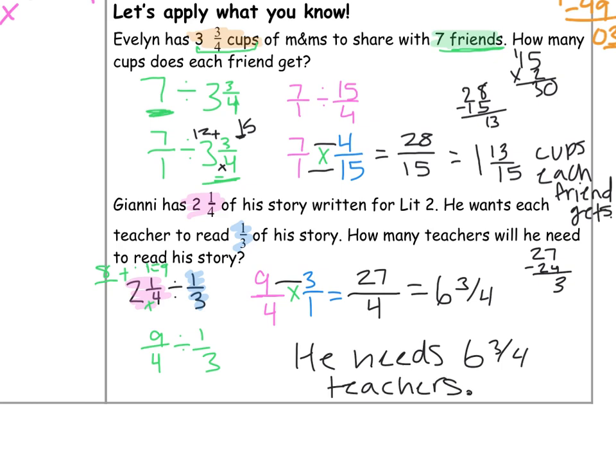With this one, be aware that this is how much of a story he needs, or he has written, and then this is how much each teacher would be reading. So just keep that in mind.